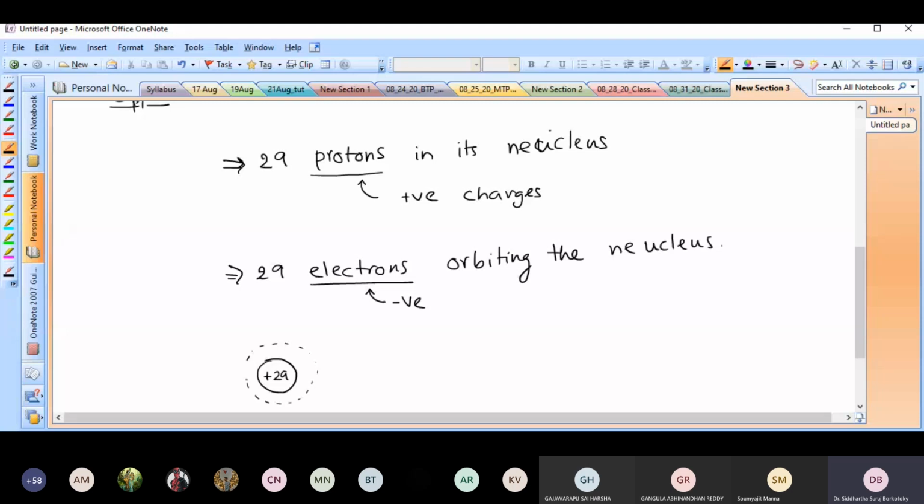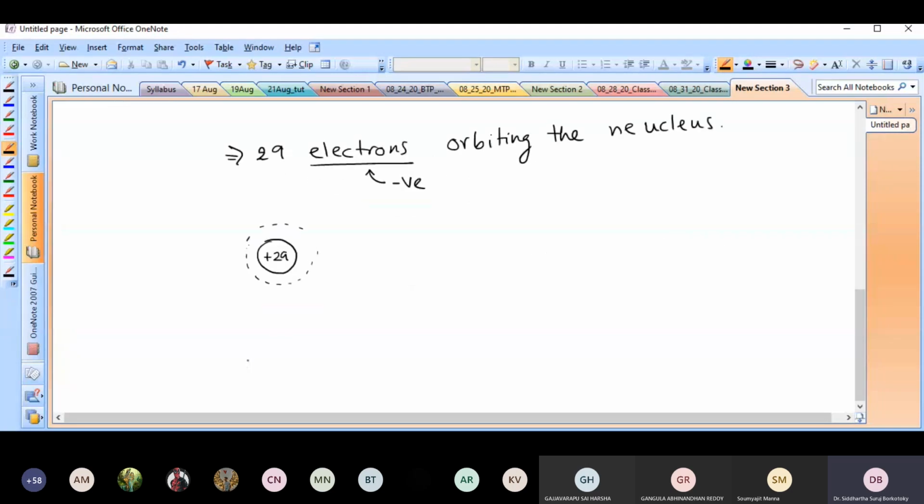There's one orbit like this, then another orbit like this, then a third orbit like this, and then a fourth orbit like this. There are 4 orbits.